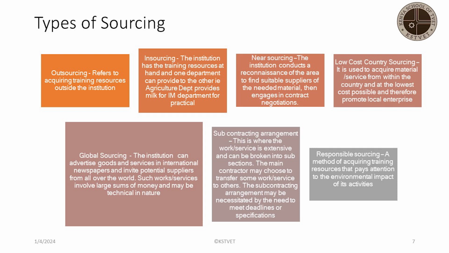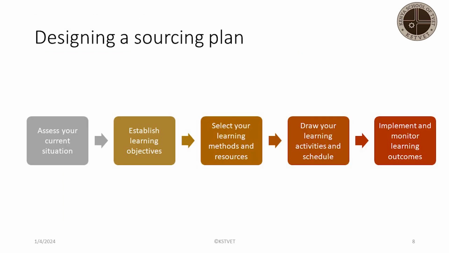So to be able to source for the training resources, you need to design a sourcing plan. What are some of the considerations to be followed when designing a sourcing plan? They include 1. Assess your current situation so that you are able to know what is needed by each department.